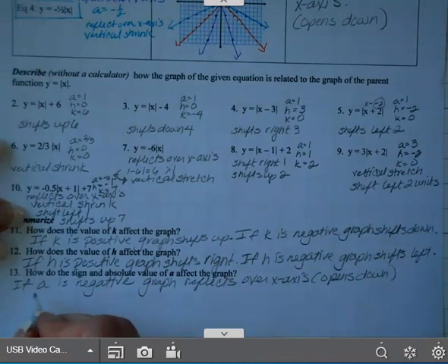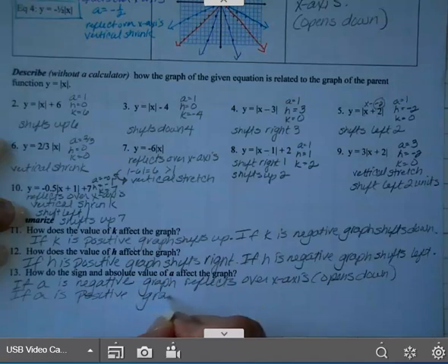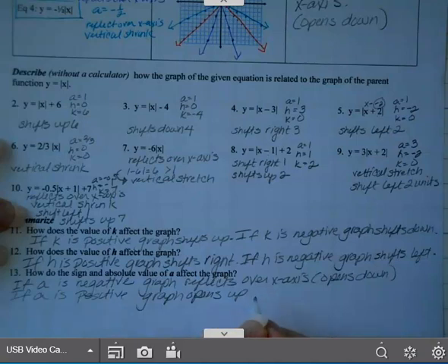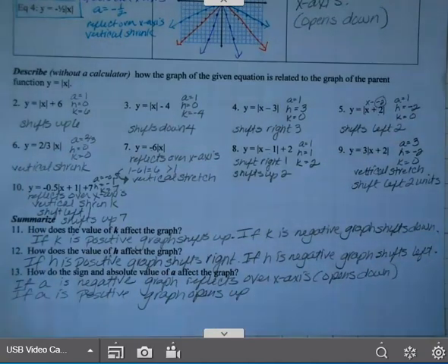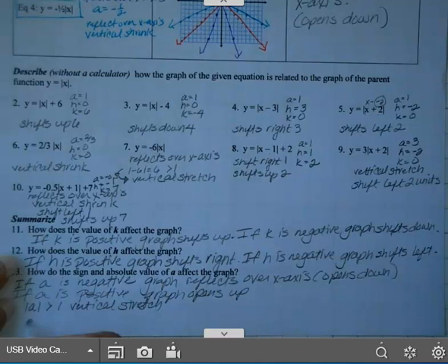If A is positive, the graph opens up. So the parent function opens up. If the absolute value of A is greater than 1, it's a vertical stretch. If the absolute value of A is less than 1, it's a vertical shrink.